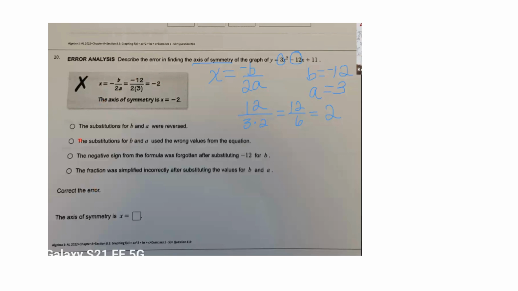So let's look at which one fits that. The substitutions for B and A were reversed. The substitutions for B and A used the wrong values from the equation. The negative sign from the formula was forgotten after substituting negative 12 for B. The fraction was simplified incorrectly after substituting the values for B and A. It would be which one?